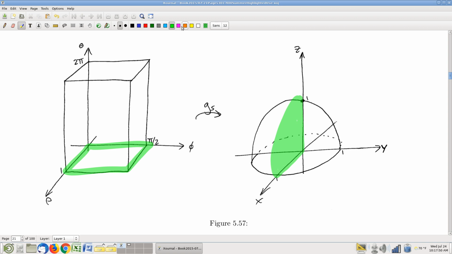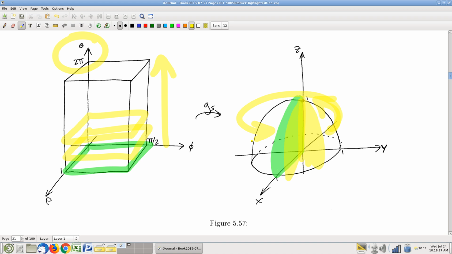And then again, think about what happens as you raise theta up like that. Well, then you're going to just get half disks that are kind of going around, right? And in fact, if you go all the way up to theta equals 2 pi, it means this thing goes all the way around to where it started, and you get the entire half ball. Yeah? Everybody see how that works?